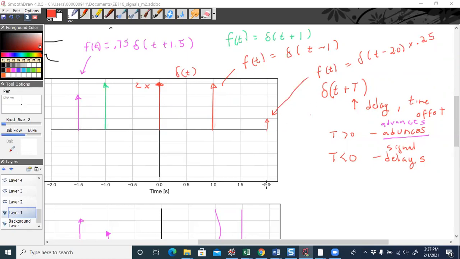Could be my error, but this was delayed by 2, so that's minus 2, and this is only 0.25 high, and I forgot to write it first, so I'm having it here. This one was 1, so I just left it off. This was 0.75, so I put it there. All right. Thank you.